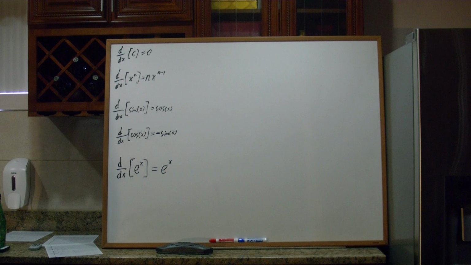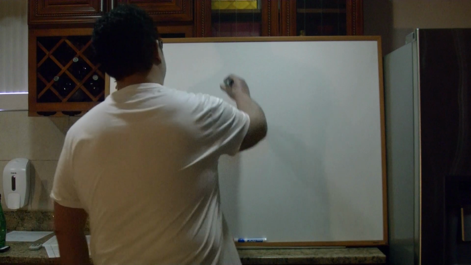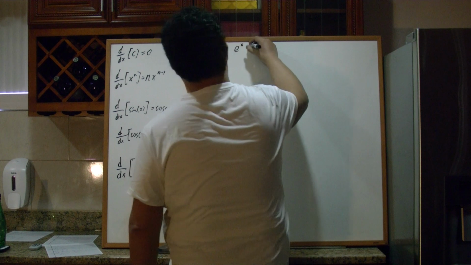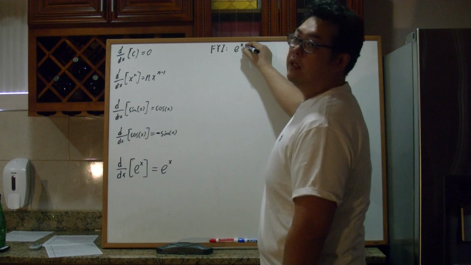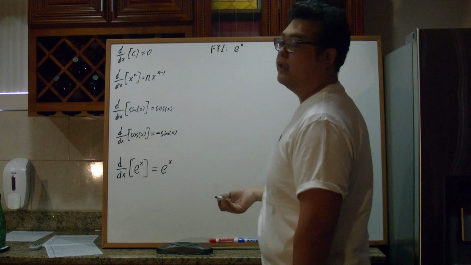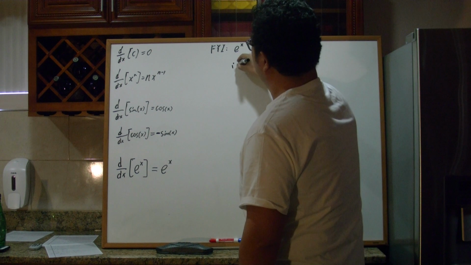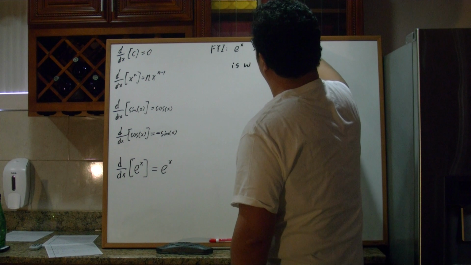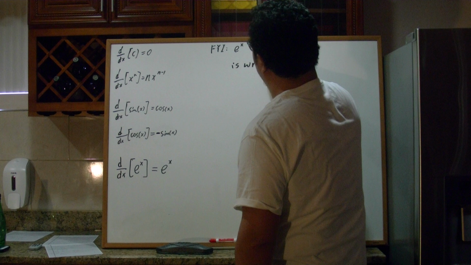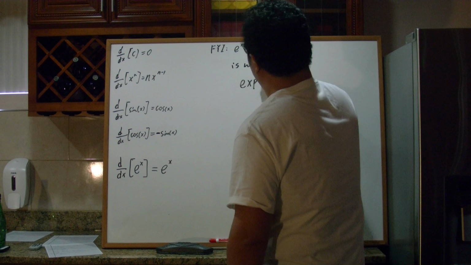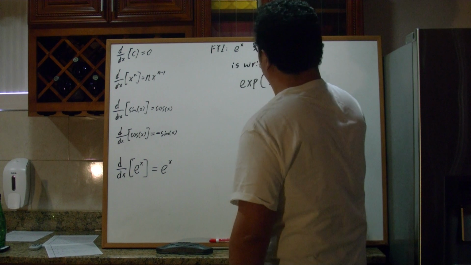And then e to the power x has derivative e to the power x. Sometimes the power of e is kind of trickier to write. It's written as exp of the power.